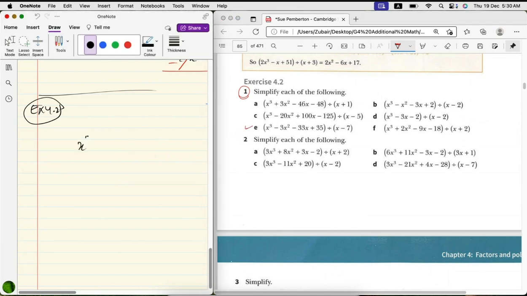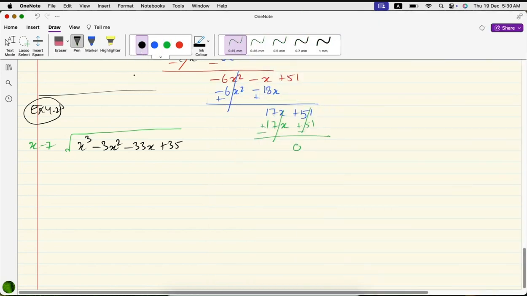So this is x cubed minus 3x squared minus 33x plus 35, and I'm dividing it with x minus 7. x squared gives me x cubed minus 7x squared, and we change the signs to minus and plus. That cancels out, and this is 4x squared minus 33x plus 35.